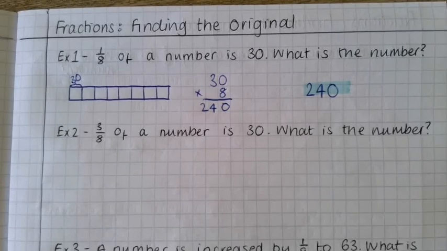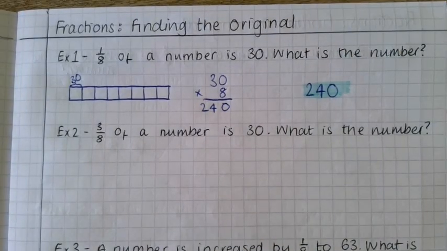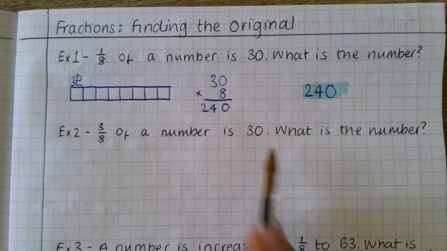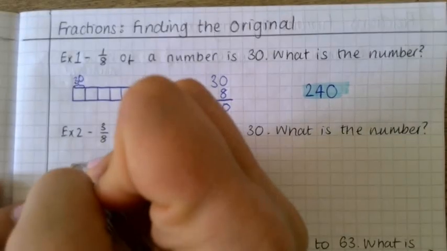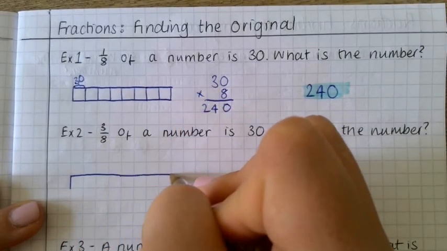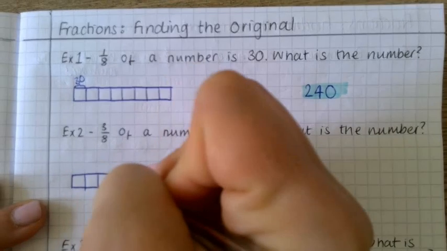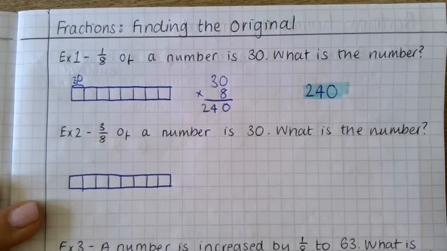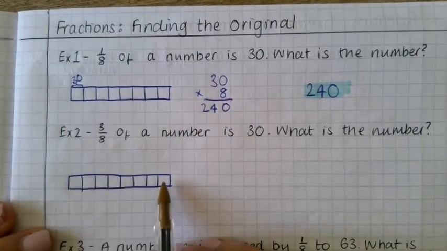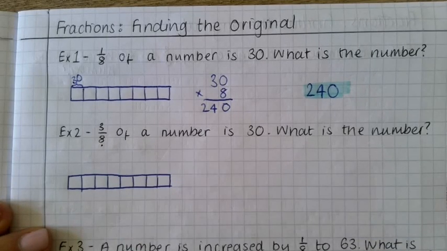In this next example, example 2, we're told that 3/8 of a number is 30. What is the number? So I'm going to draw eighths again. So here is my one whole split into 8 parts. So each of these little squares are eighths. And 3/8 of the number is 30.